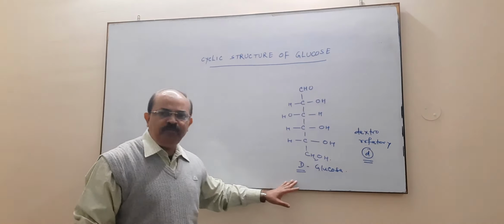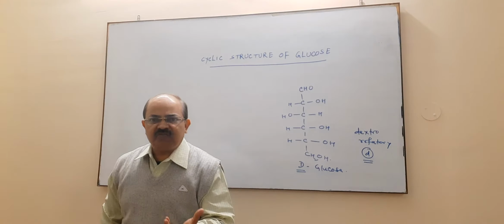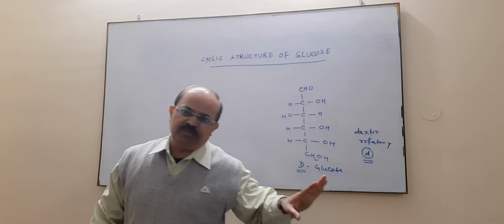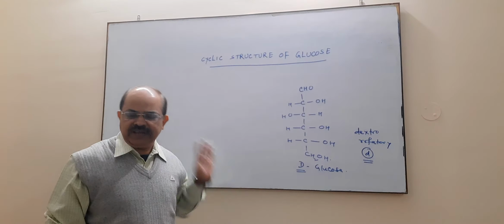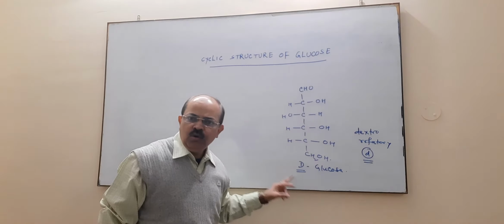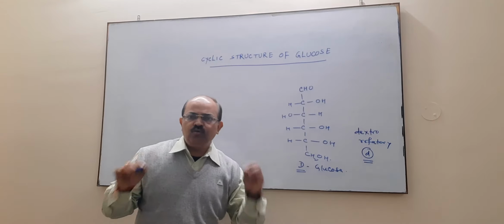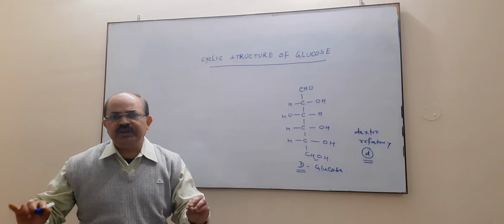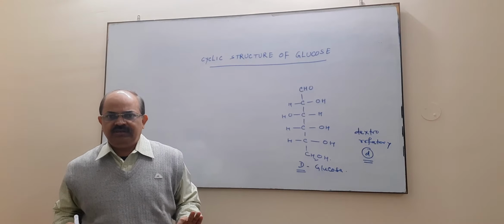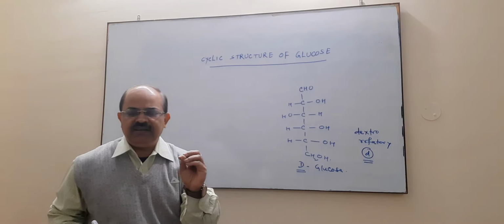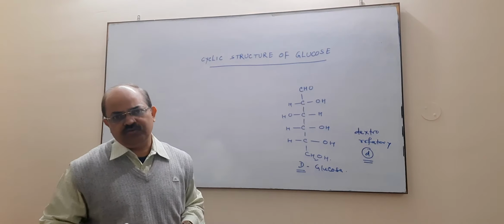Now this open chain structure of glucose explains most of the properties and most of the reactions of glucose. कहने का मतलब ये जो हमारा ओपन चेन स्ट्रक्चर ग्लूकोज का है, ये ग्लूकोज के मैक्सिमम प्रॉपर्टी को एक्सप्लेन कर देता है, but it fails to explain some of the reactions of glucose.